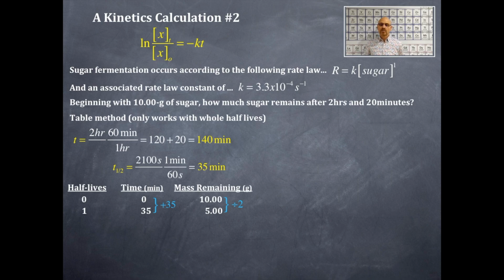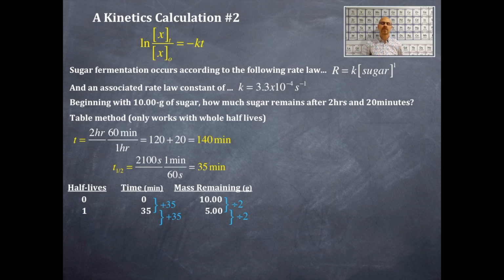So we've got to figure out, is this the total time of 140 minutes? No, this is a total time of 35 minutes. I need to add up this column here until I get to 140 minutes. So I'm going to add up another 35 minutes. I'm going to divide the amount that I had at the last step by 2. I'm going to add 1 to the total number of half-lives.